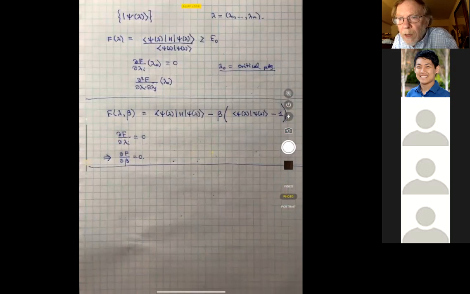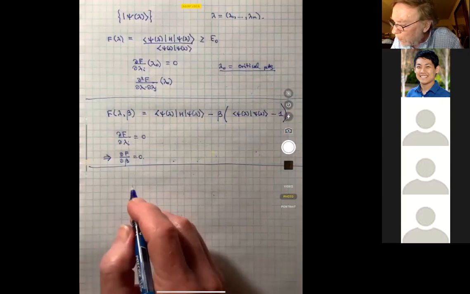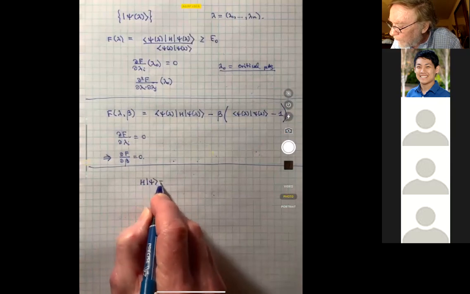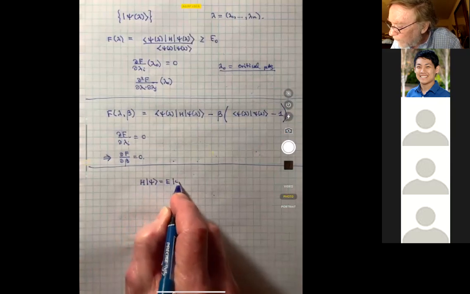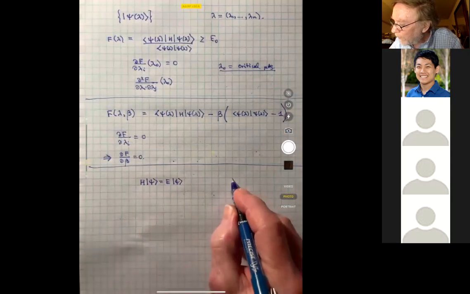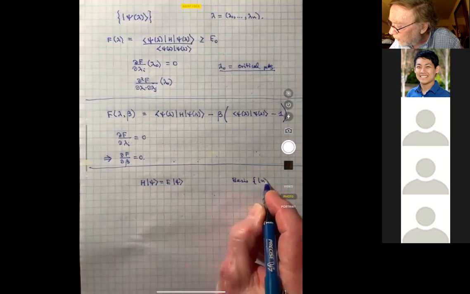Okay, now let me show you how this method using Lagrange multipliers can be used in a practical situation to get some useful information. Let's suppose I have a typical eigenvalue, eigenfunction problem, H psi equals E psi. And let's suppose I've got some basis, which I'll denote by |n>, this collection of states.